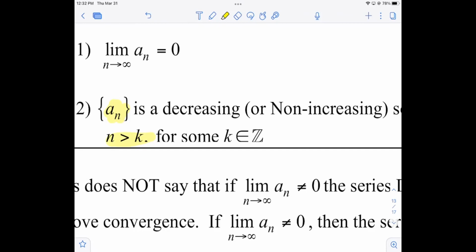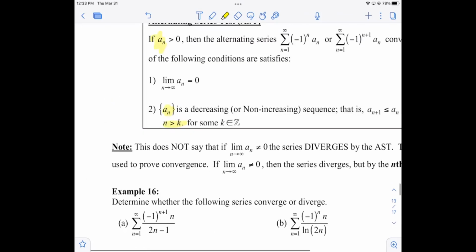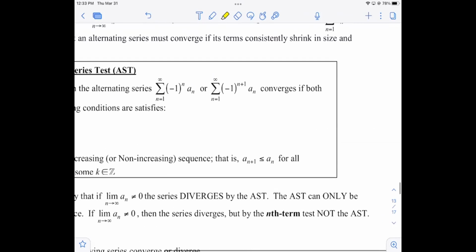Now, I know what you're thinking. If the terms are decreasing, don't they always go to 0? Not necessarily. I'll show you an example where they're not decreasing, but they still go to 0, okay? But those two things, goes to 0 and the terms are decreasing past some point, then the series converges.